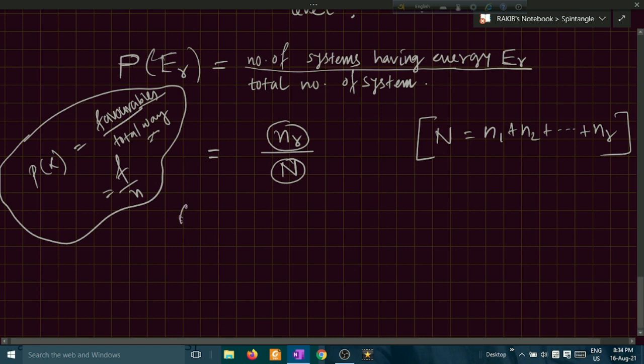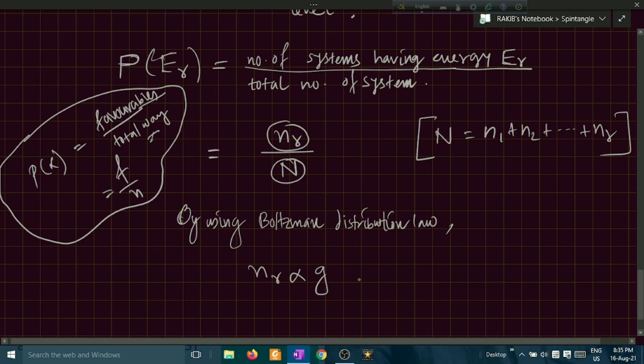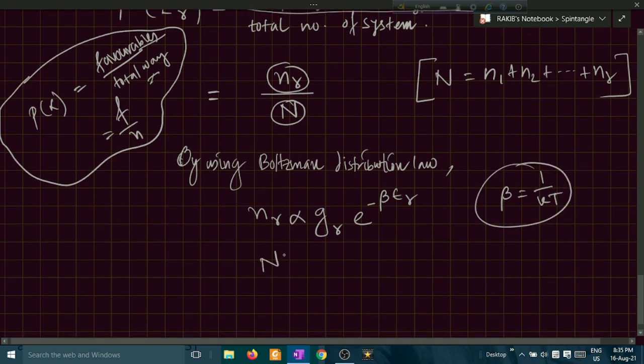By using the Boltzmann distribution law, we can see that NR will be proportional to GR e to the power minus beta ER, where beta is equal to 1 upon KT. And N is equal to the sum of NR.